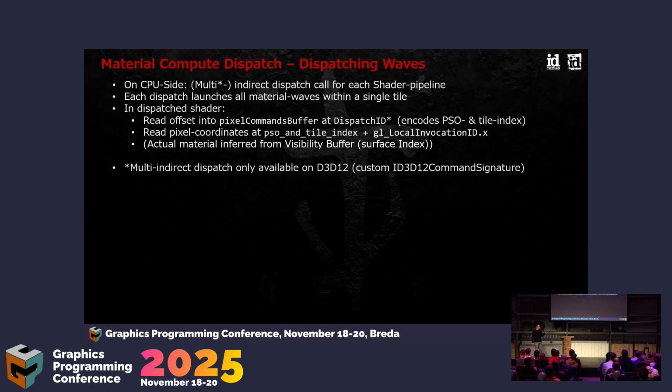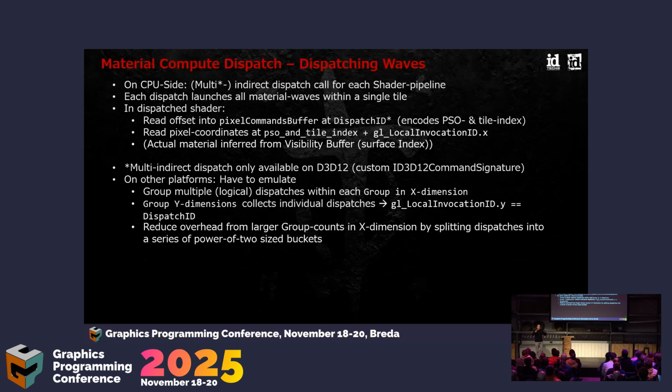However, one difficulty we faced is that a multi-indirect dispatch call is actually not something that is available in Vulkan, and PS5 for that matter. It's only available on D3D12, and then also only when we use a custom command signature there. So on all other platforms, we needed to emulate that by combining multiple dispatches into the same group dimension in the X dimension.